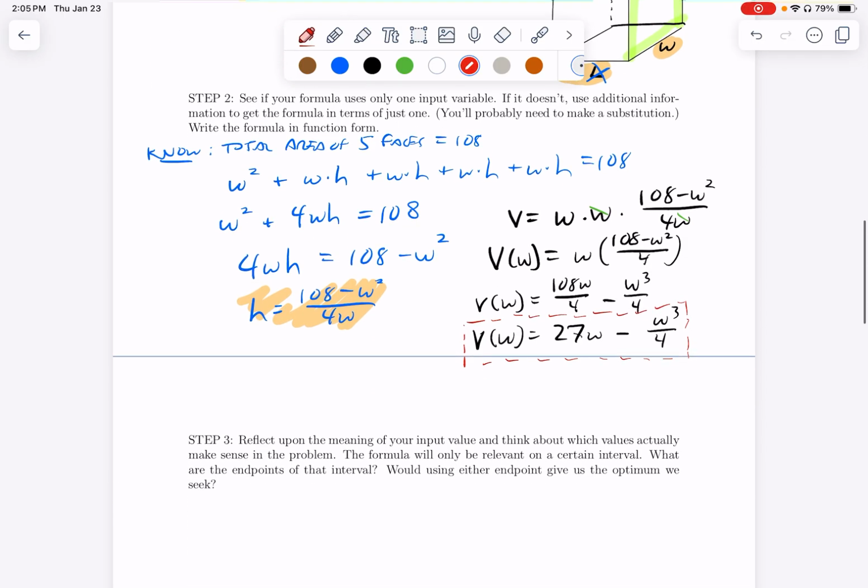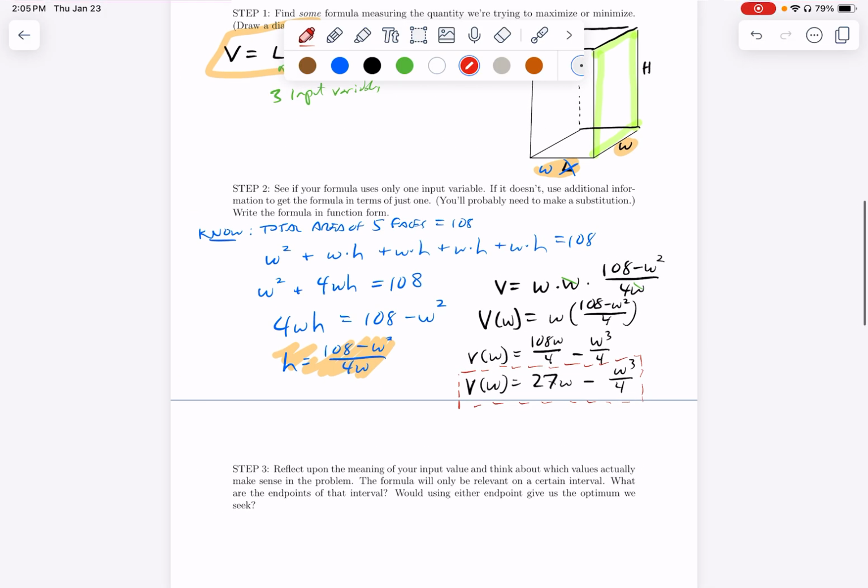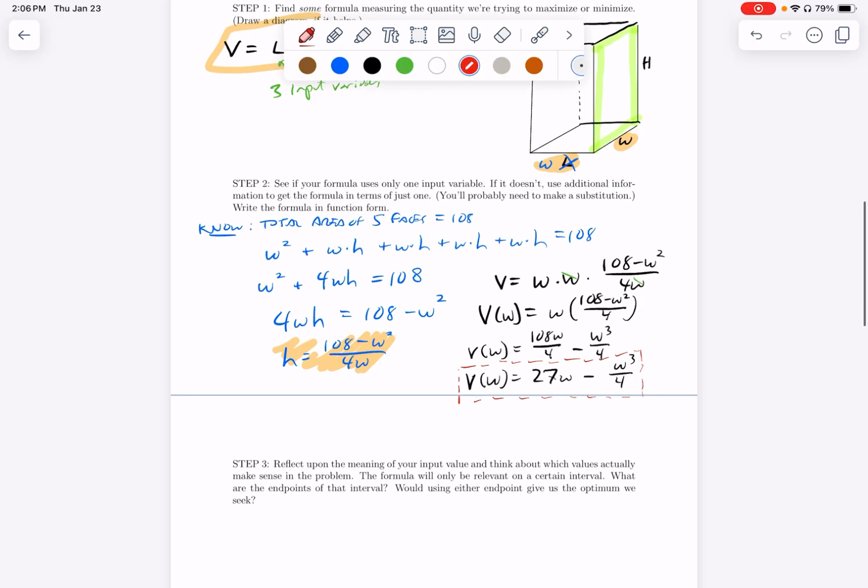Okay, now let's reflect upon our input value and think about what actually makes sense. As a mathematical expression, we could plug any value of W in here, but W represents the width of a box. So we're going to notice that W can't be negative. It really doesn't make sense. In most word problems, negative numbers don't make sense.